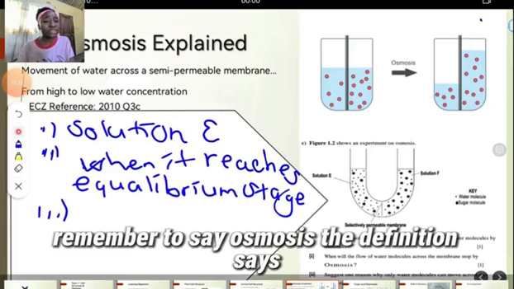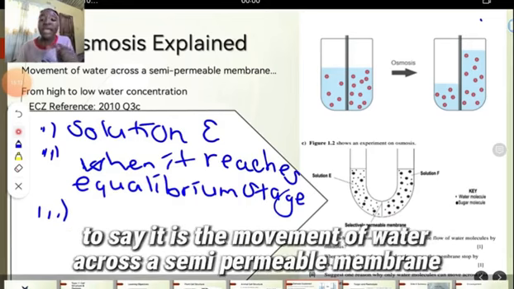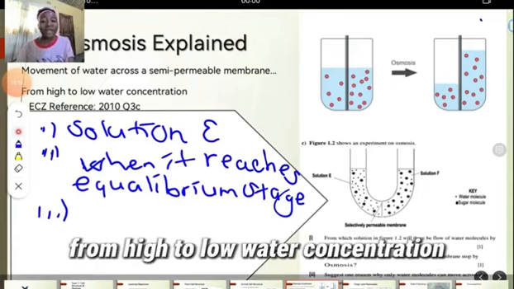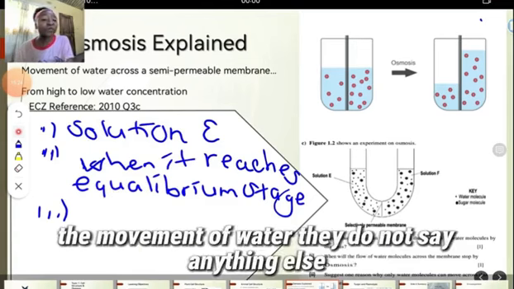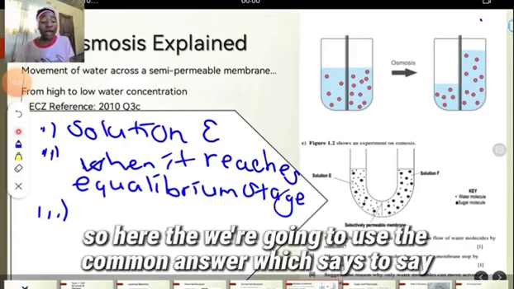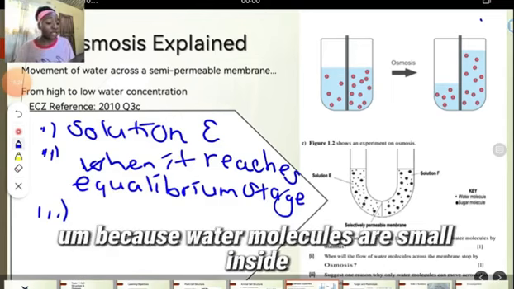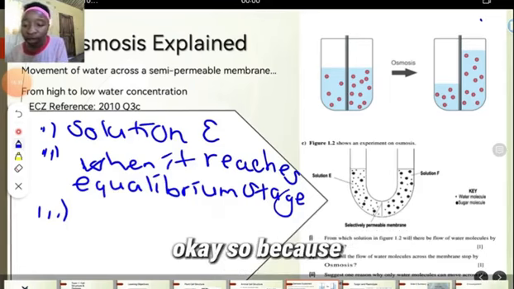Remember to say osmosis. The definition says it is the movement of water across a semi-permeable membrane from high to low water concentration. The key term here is what? The movement of water. They do not say anything else. So here we're going to use the common answer, which says because water molecules are small in size. Okay?